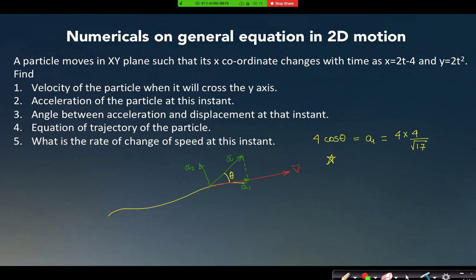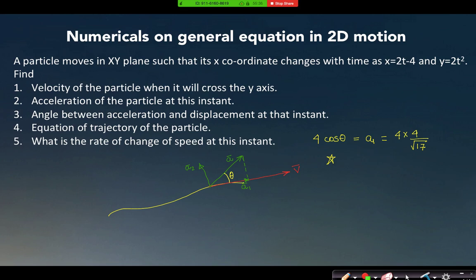Now can anyone tell me what the other component is doing? It changes the direction. Yes. The other component, a2, cannot change the magnitude of the velocity, because it is perpendicular to the velocity vector. So it can only change the direction of velocity.